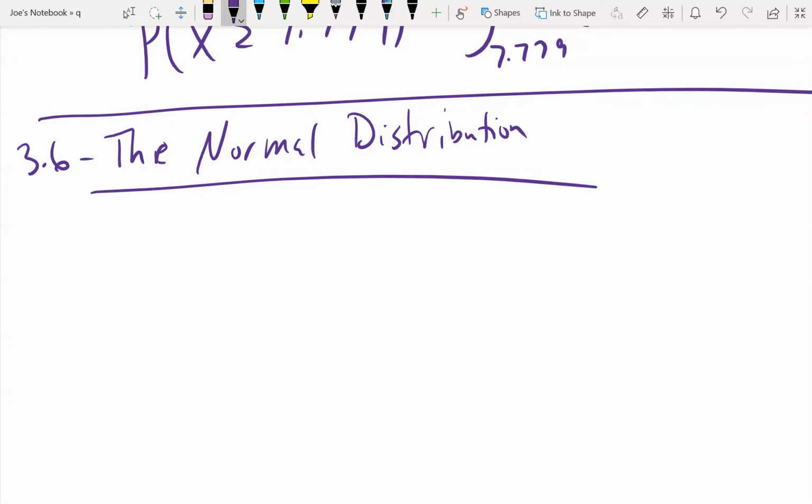You see the normal distribution pop up in educational statistics, in biostatistics, engineering, all sorts of places. The normal distribution will pop up if you're doing anything that has to do with hypothesis testing at all. So the first thing we're going to do is write down the ugly PDF for the normal distribution.